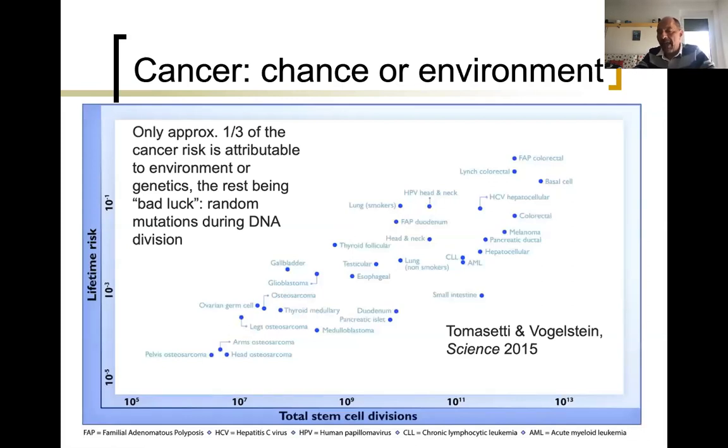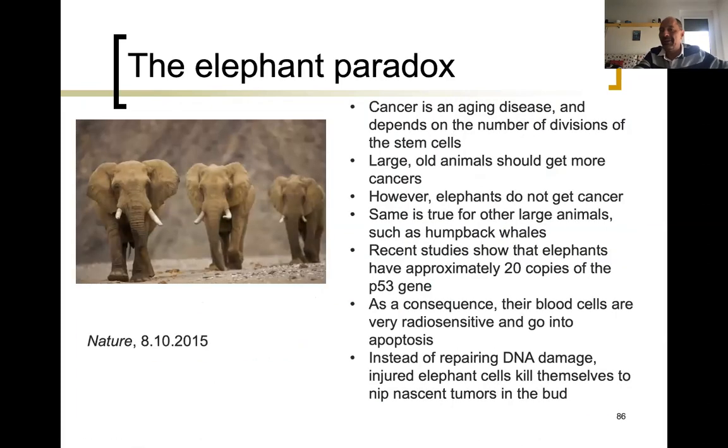So if you have many stem cells, you are a big animal, and you live very long, like the elephants that normally live 100 years or more, you should get many cancers. But this is not the case. In fact, the elephants essentially do not get cancer. And this is also true for other large animals, we will see.